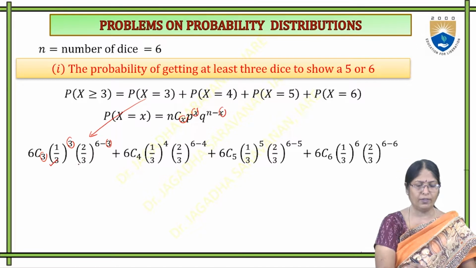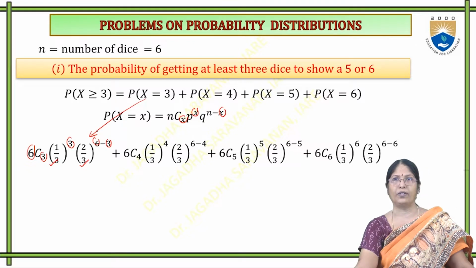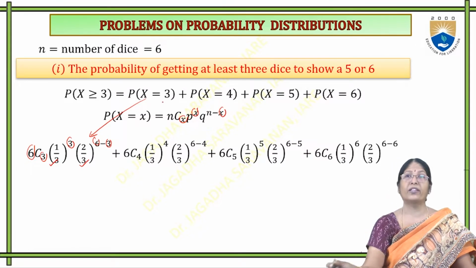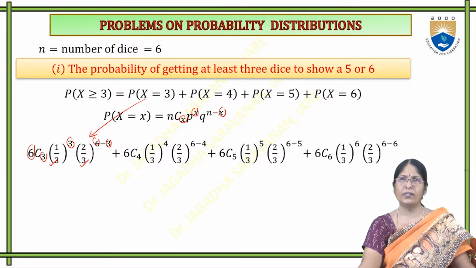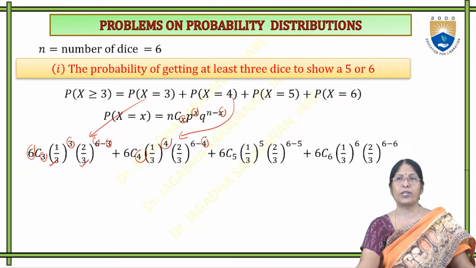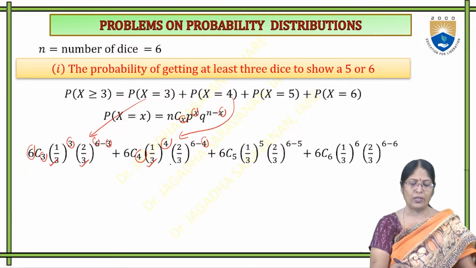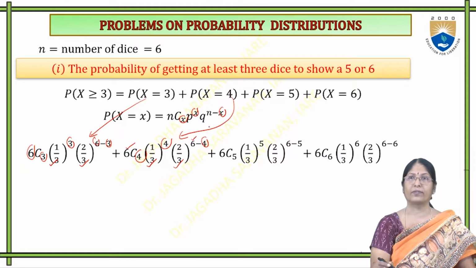This is p, this is q. Here the role of n is substituted. So we completed when x equals 3. In a similar manner, we do it when x equals 4. 3 places x we substituted 4. This is 1 by 3 for p and 2 by 3 for q, whereas our n is 6.